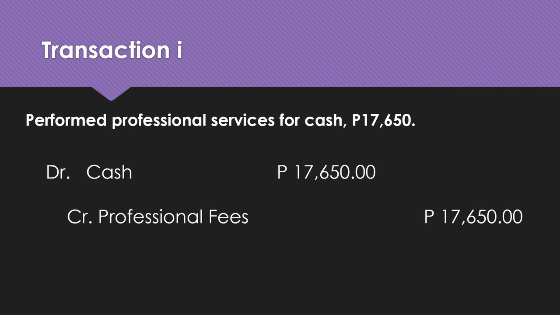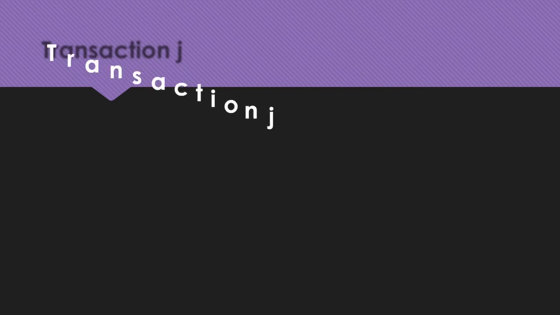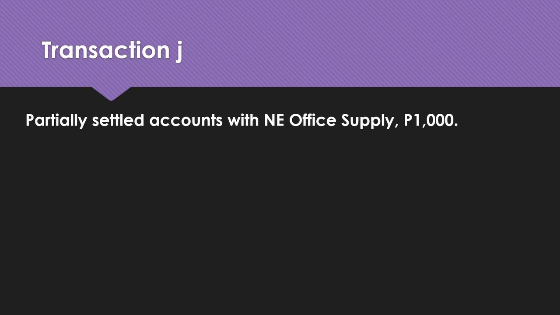Let's go to the next transaction. Partially settled accounts with NE Office Supply 1,000. Kung matatandaan mo, sa isang transaction natin, we bought equipment from NE Office Supply. Okay? So, on account, may accounts payable ka. Okay? In your first entry, nag-record ka ng accounts payable. Sabi, partially settled. So, nagbayad ka partially ng 1,000.